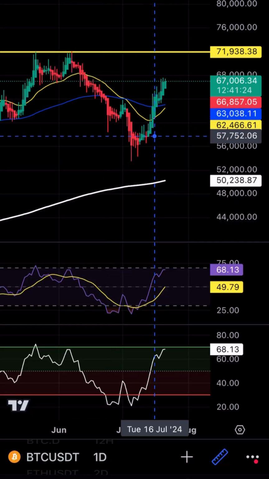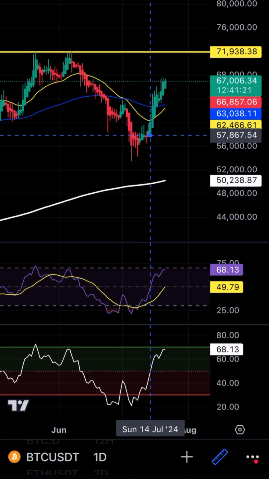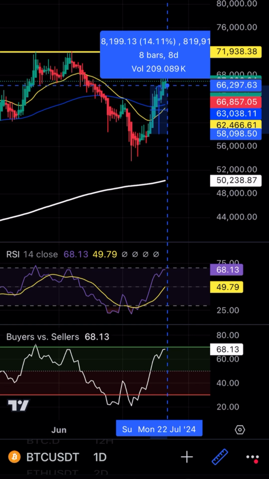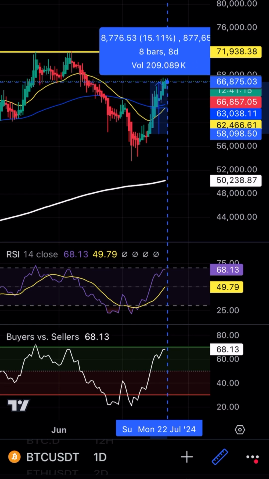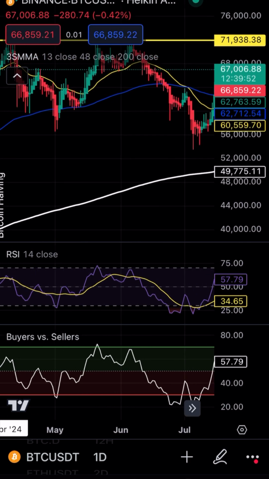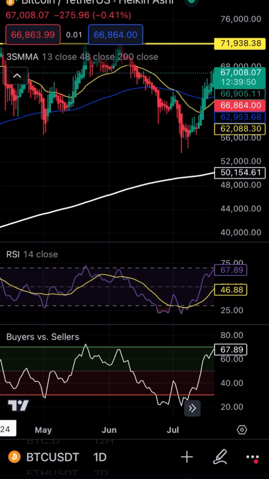You would have ridden it from when the sellers became buyers, from this candle here, and ridden the entire thing out. To where it is right now, this would have been about $8,776 at a 0.01 lot size. Okay, so let's look at the next time to do this trade on the daily.